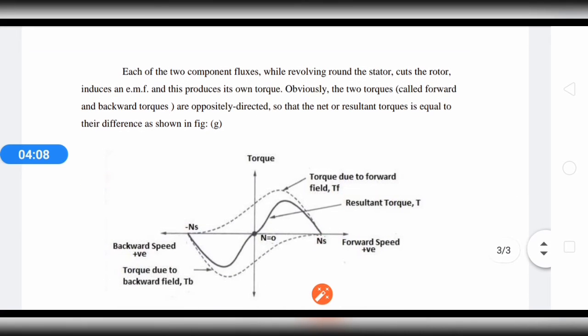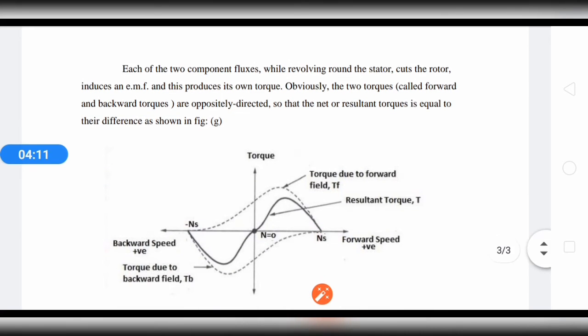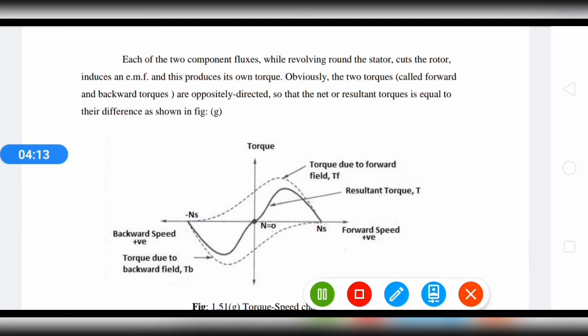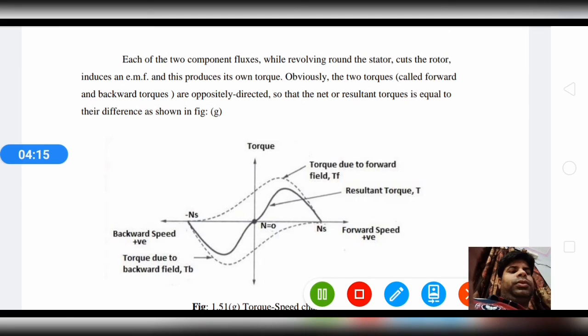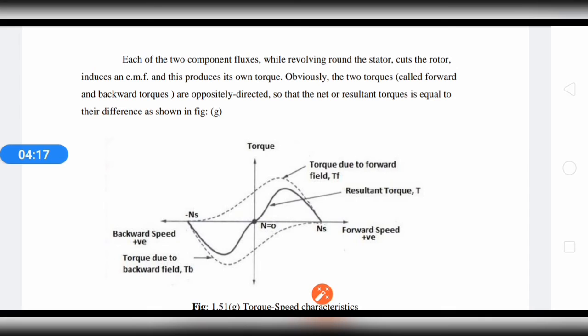Each of the two flux components, while revolving around the stator, cuts the rotor, induces EMF, and produces its own torque.